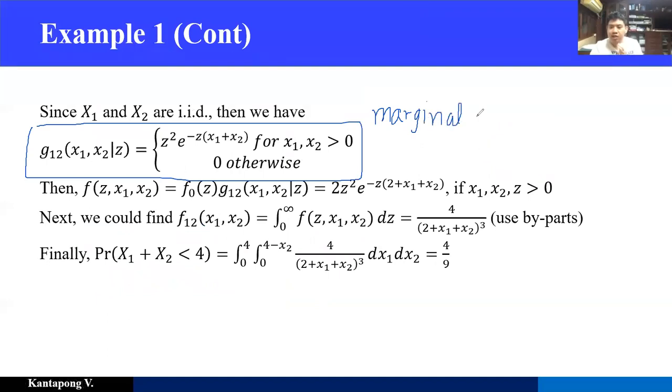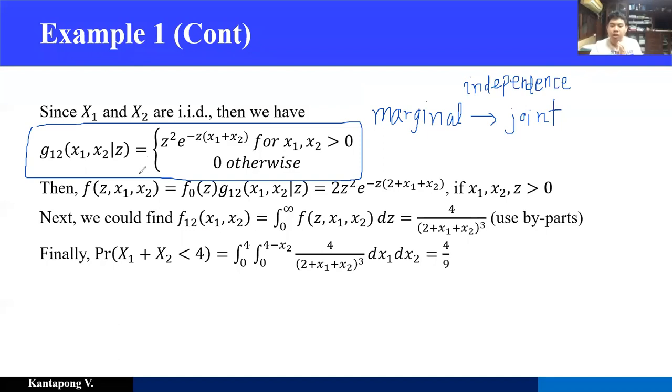The answer is no, except in one special case. What is that special case? Independence. It doesn't have to be IID, because IID is identical and independent. With only this condition, we can get the joint distribution.